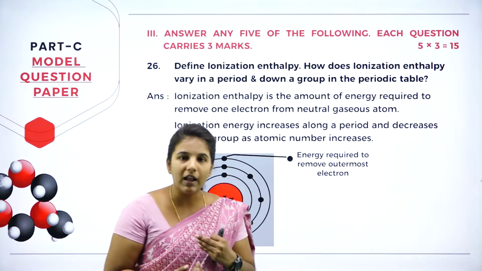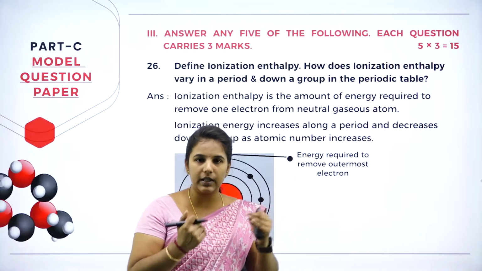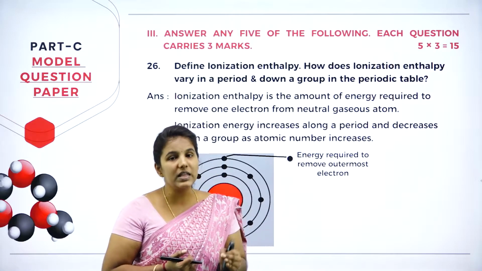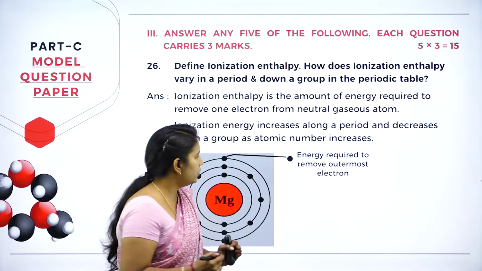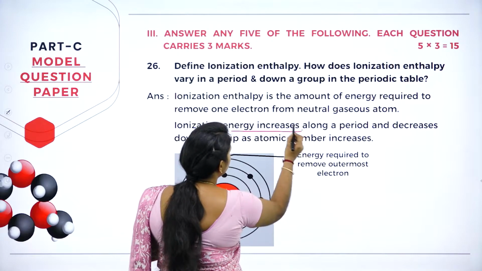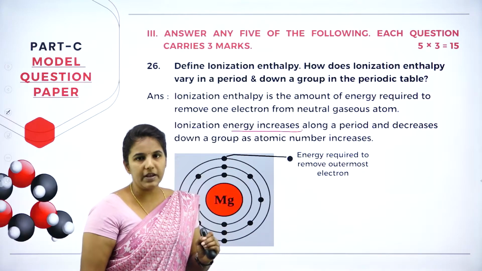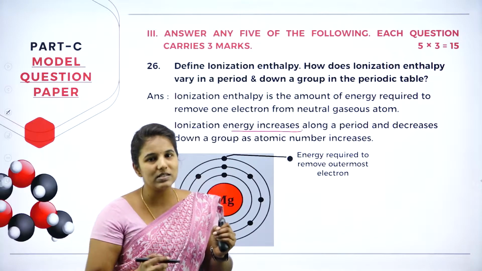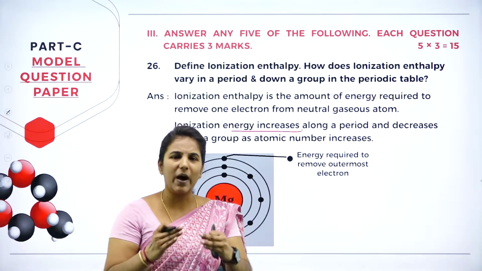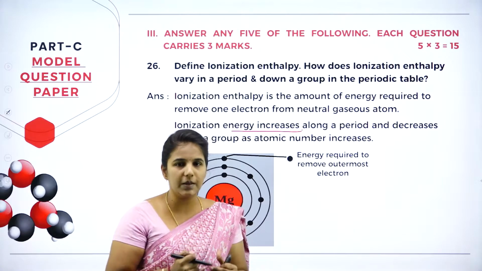As we move along the period from left to right in the periodic table, this ionization energy usually increases along the period and decreases down the group. Do you know why it increases along the period?